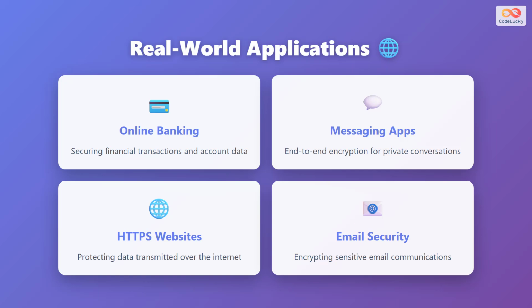When you visit websites that start with HTTPS, the S stands for secure, which means encryption is protecting the data transmitted between your browser and the website. Email security systems also use encryption to protect sensitive communications from being intercepted and read by unauthorized parties. These applications demonstrate how encryption is fundamental to maintaining privacy and security in the modern digital world.